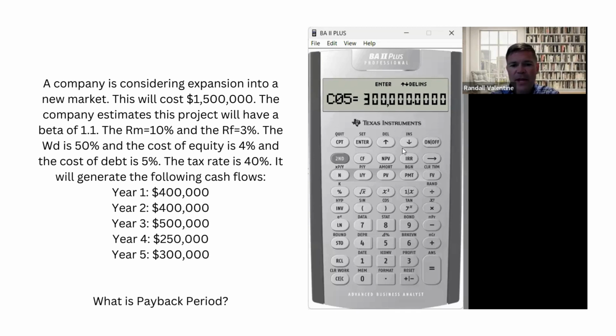The only thing that changed in this problem was when we hit NPV, I equals instead of 10.7, our WACC was 3.5. And then we hit enter, and then we hit the down arrow, and then compute. And our NPV using WACC is 181,301. So that's a positive NPV. So we would accept it using WACC, but we would reject it using CAPM.